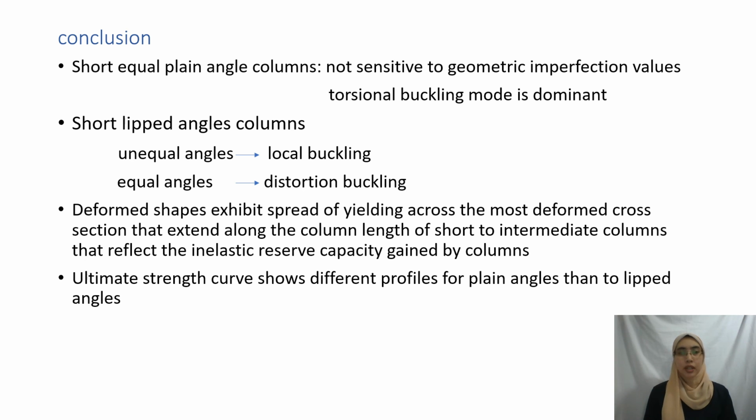Deformation shapes exhibit spread of yielding across the most deformed cross-sections that extends along the column length of short and intermediate columns, which reflects the inelastic reserve capacity gained by columns. The ultimate strength curve shows a different profile for plain angles than for lipped angles.